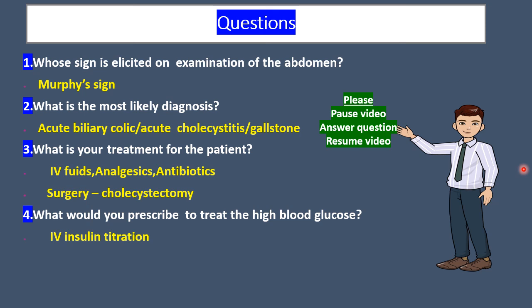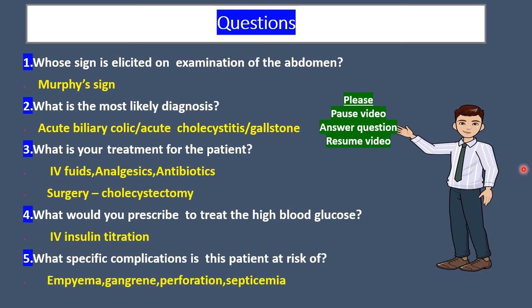The answer, IV insulin titration against the blood glucose. Question 5. What specific complications is this patient at risk of? Answer, empyema of the gallbladder, gangrene, perforation and septicemia.